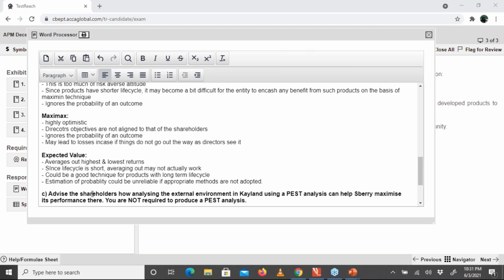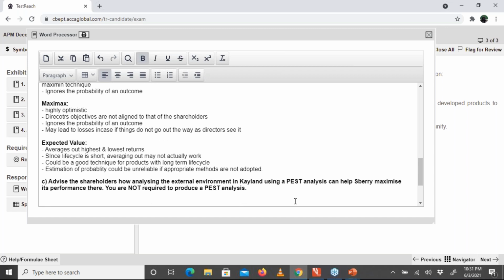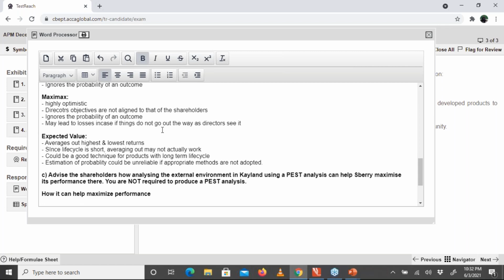Now, see, advise the shareholders how analyzing the external environment in K-Land using a PEST analysis can help Asbury maximize its performance there. So the key area is how it can help maximize performance.